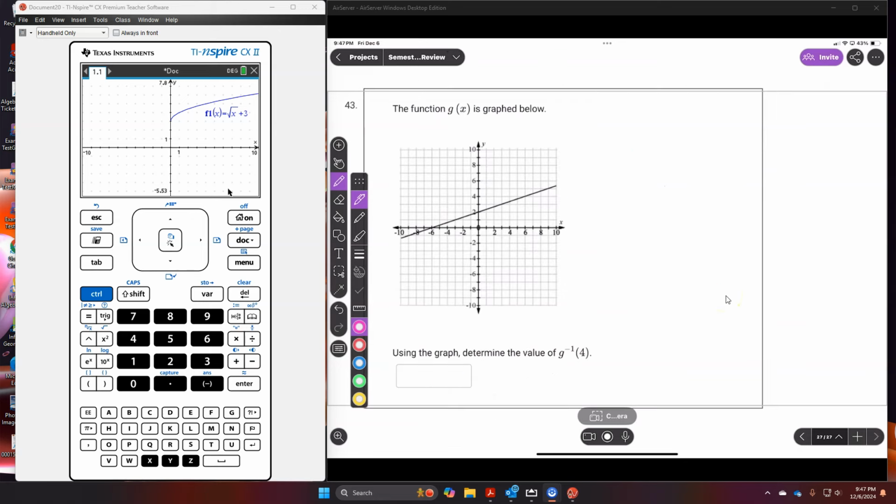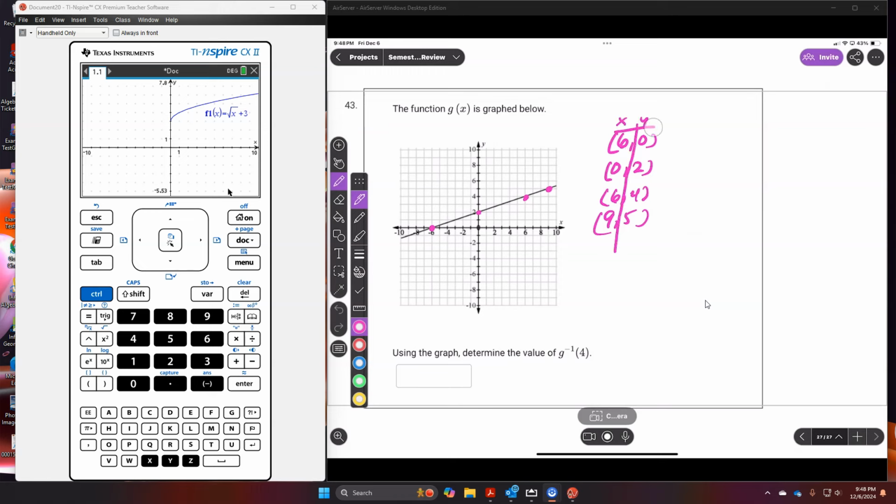It says the graph of g of x is graphed below. I'm going to go ahead and plot some points, and then I'm going to see what I have. I have 6, 0, I have 0, 2, I have 6, 4, and 9, 5.